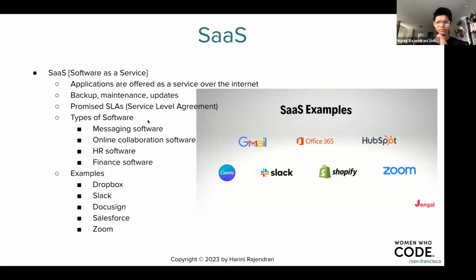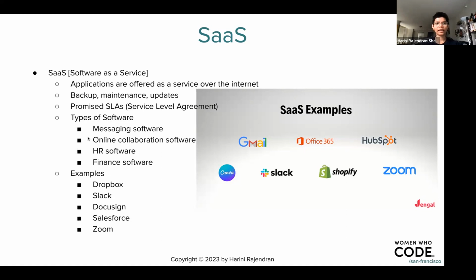Also, it's very reliable, because these companies often promise 99.9999% availability, which we call a service level agreement. So they promise that if you use the software, it would be up and running 99.999% of the time, which is almost always.